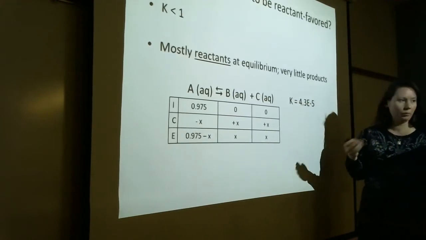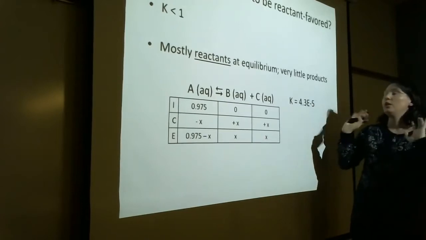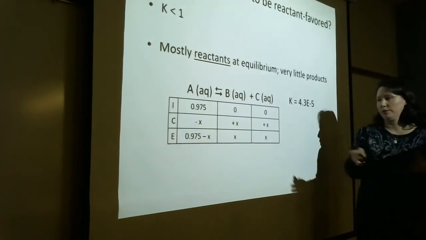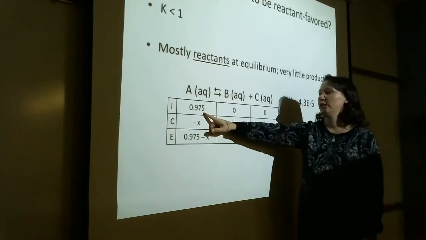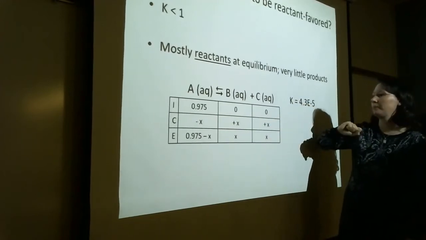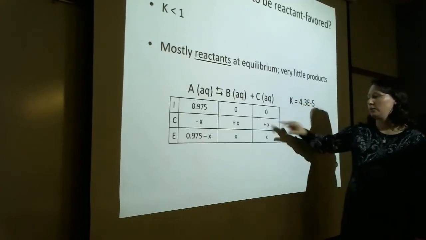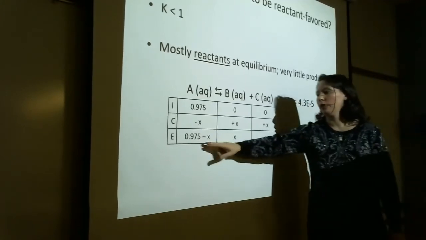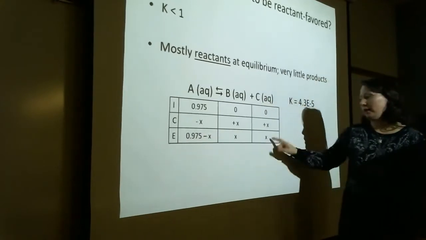So last week, we learned how to do regular ice tables. We didn't know anything about the 5% approximation. This is what we would have written: initial concentrations 0.975, 0, and 0. This goes down by x, this goes up by x, this goes up by x. So at equilibrium, we have 0.975 minus x, and then x, and then x.